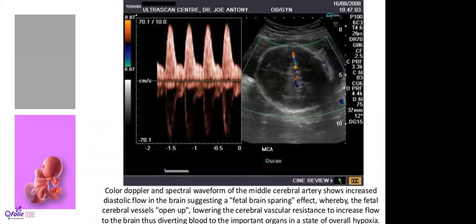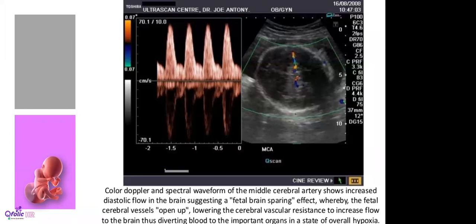This picture shows the cerebral artery waveform. Normally, as I have told, in normal fetuses the systole is normal, but in diastole there is no blood flow. There is resistance in the brain vessels.